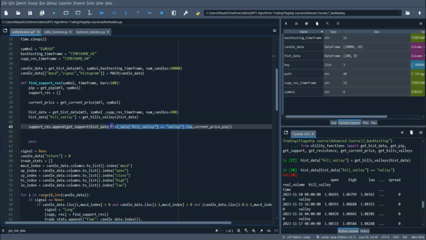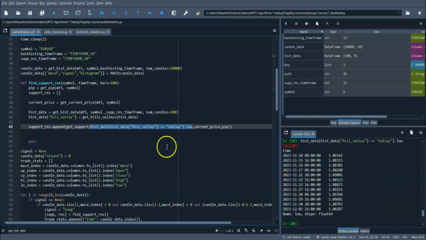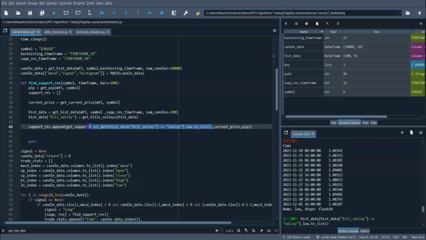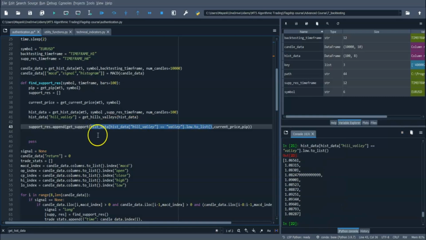So if I run this now, I will only get the low prices where hill valley column is valley. And then all I have to do is to convert them to list. So what this code will do now is that it will analyze all these low prices and then try to identify which is the most recent one that had a frequent occurrence, and it will identify that price as the support price. Okay, so this will take care of updating the support.